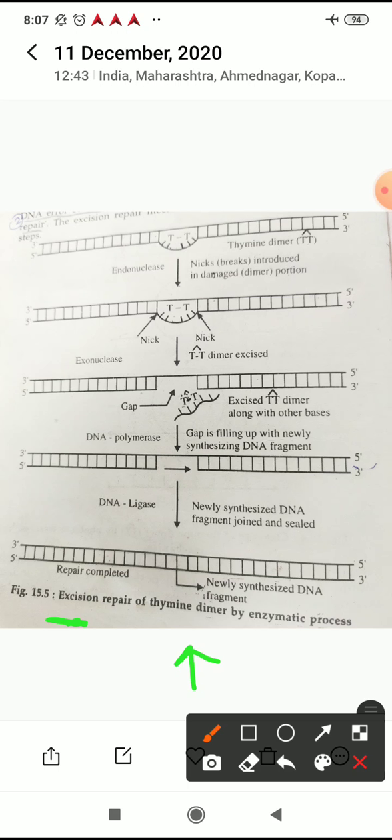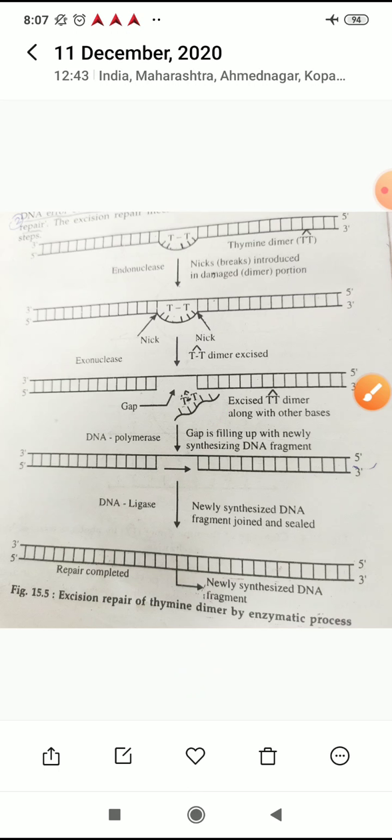Now this process does not require light, and that's why it is called dark repair or dark reactivation, also called excision repair. Excision means to remove. So here part of the damaged DNA is removed, and that's why the process of repair is named excision repair.